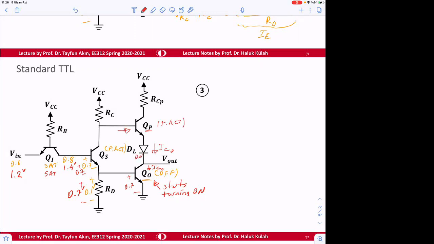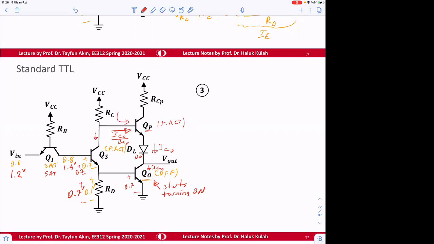This current is going to be the collector current of O divided by beta F of the P transistor. Then there will be not only current coming from here through RC, but current coming from here.